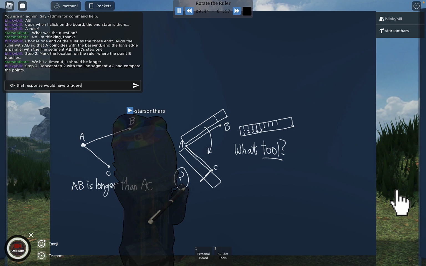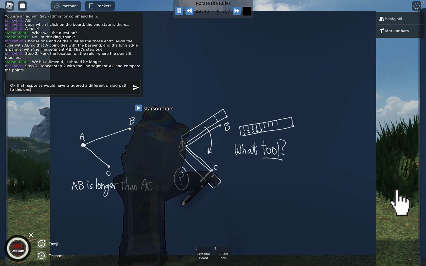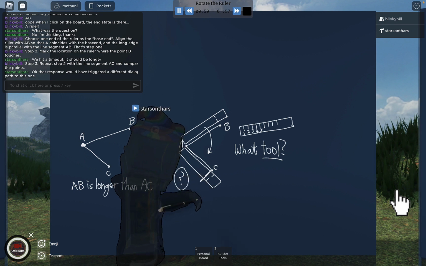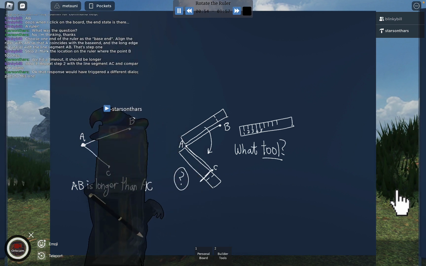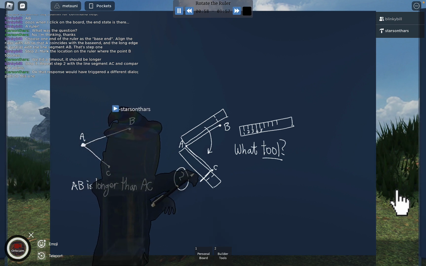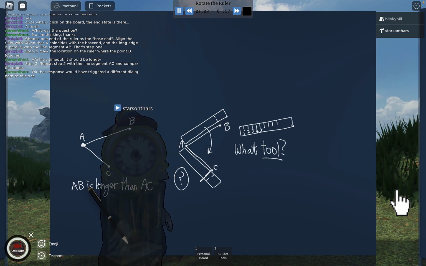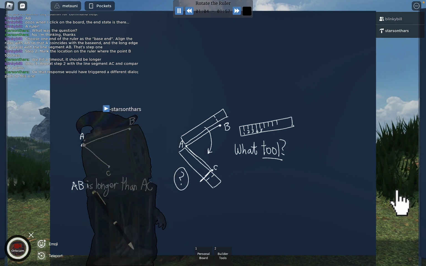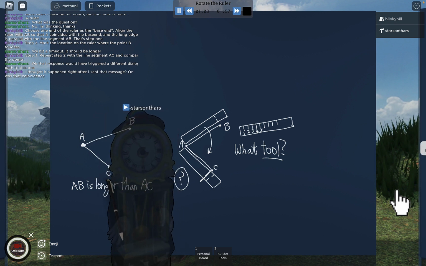And then we look to see where the mark is. In this case, let's suppose it's out here. If that mark is further away from A than C, then we know AB is longer. If the mark is in here somewhere, then we know that AB is shorter. Right, so that's a pretty reasonable way of comparing the lengths of two finite line segments.